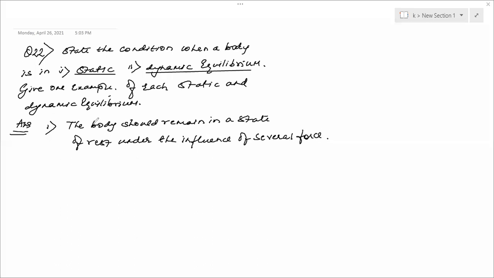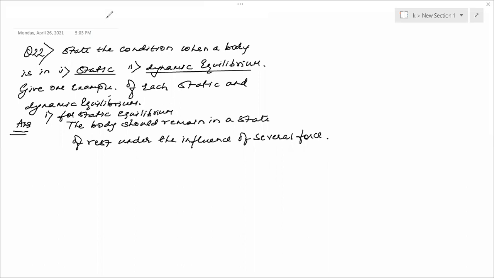This is a condition. The body should remain in a state of rest under the influence of several forces. This is the condition required for static equilibrium.